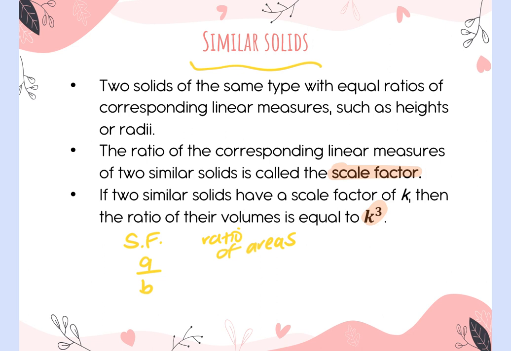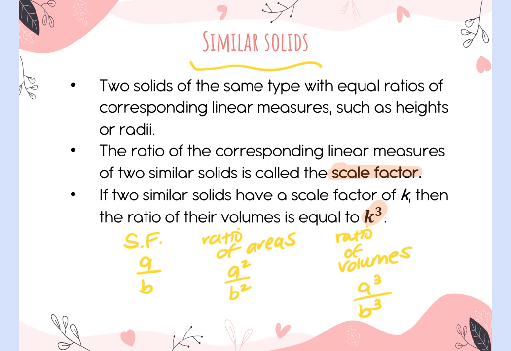It's been a couple weeks. If the scale factor is A to B, then the ratio of the areas is A squared to B squared. And now the ratio of the volumes would be A cubed to B cubed.